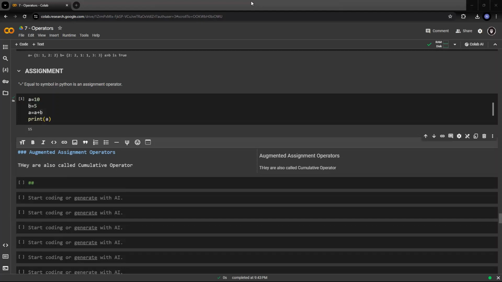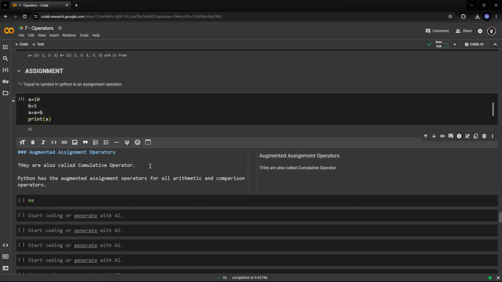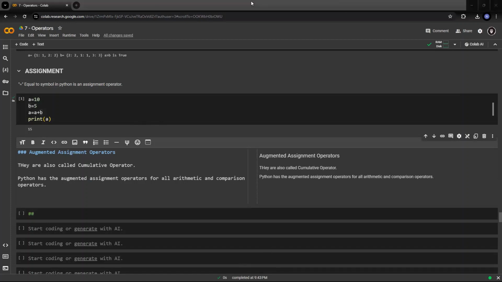Now we shall learn to use augmented assignment operators defined in Python. Python has augmented assignment operators for all arithmetic and comparison operators. So all kinds of arithmetic and comparison operators do have augmented assignments. The Python augmented assignment operator combines addition and assignment in one statement, so we need to take care of it when we are working on this kind of operator.